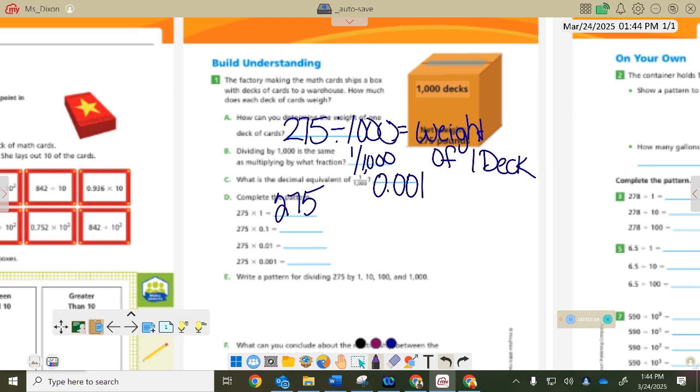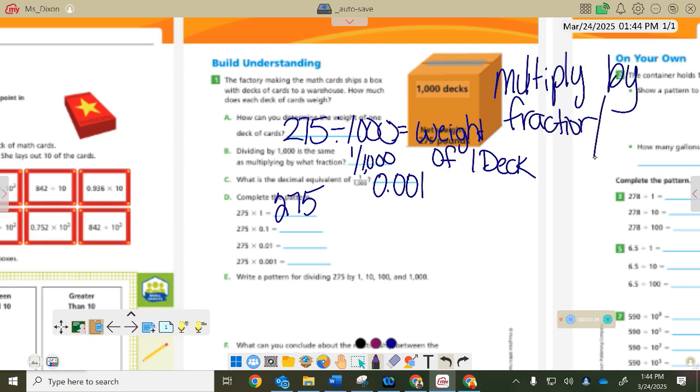When you multiply by a fraction or a decimal, what song are you going to sing? That's right, part of Beyonce. Fractions and decimals are part, so you sing part of Beyonce. To the left, to the left. So we're going to move our decimal to the left.